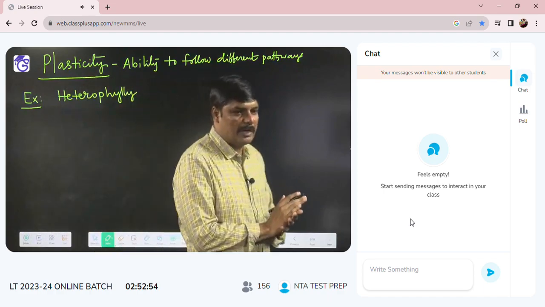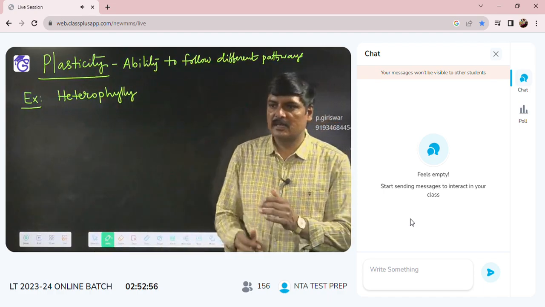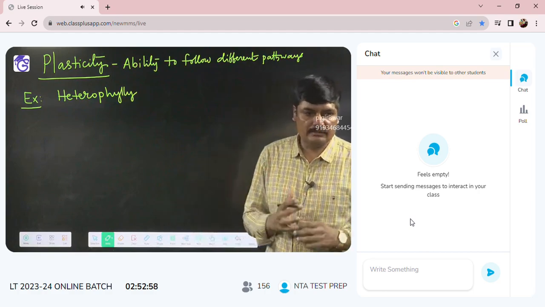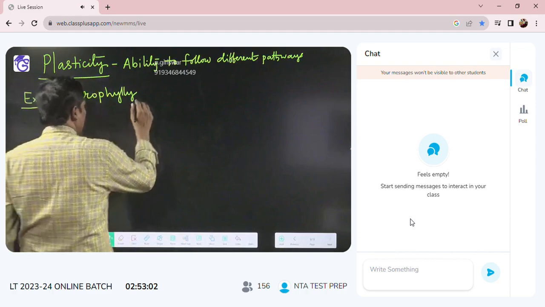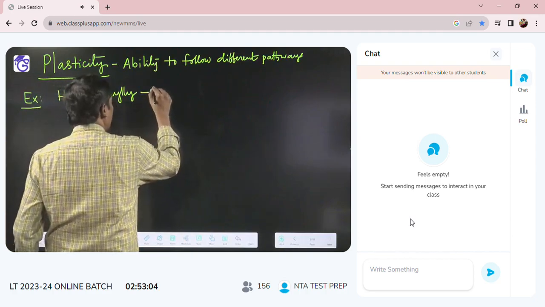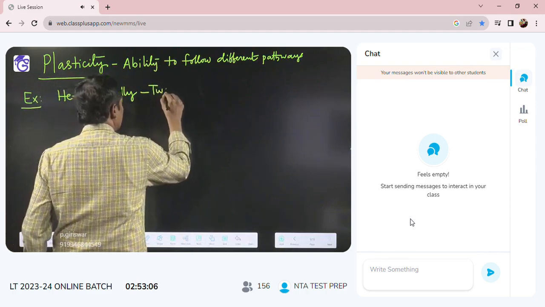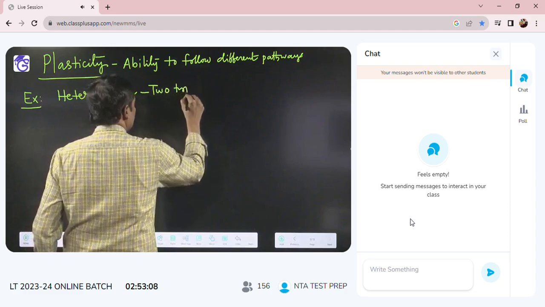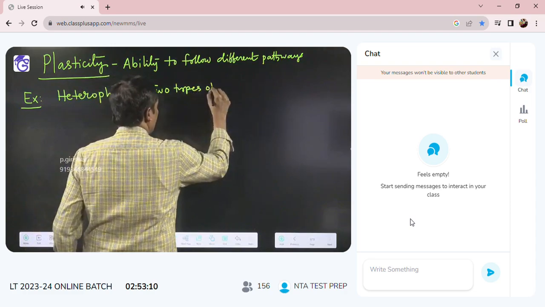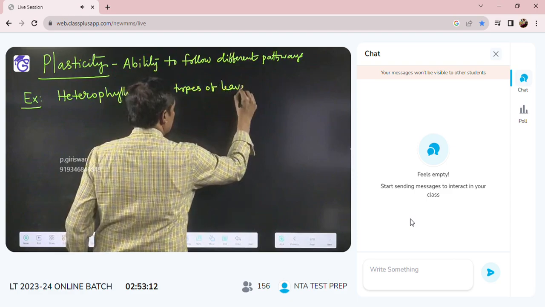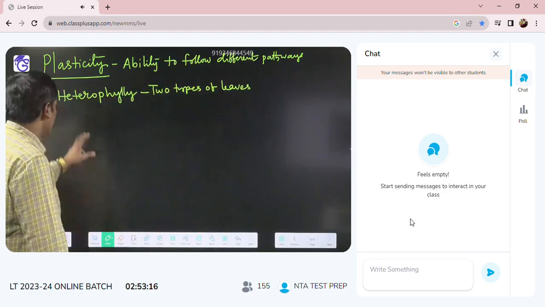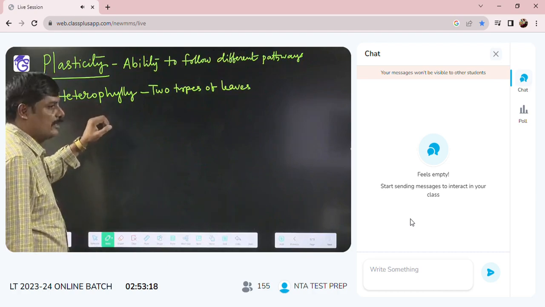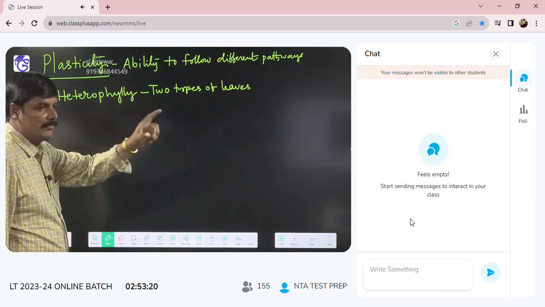Formation of two types of leaves on the same plant is called heterophyly. Hetero, different, phylum, leaf.